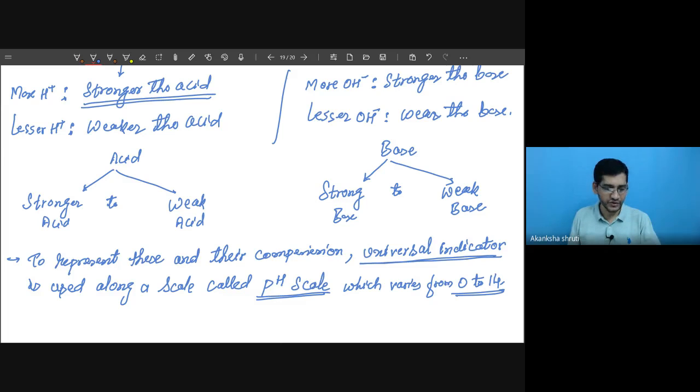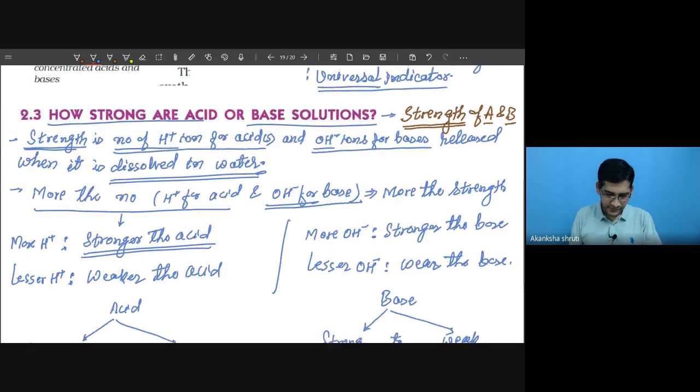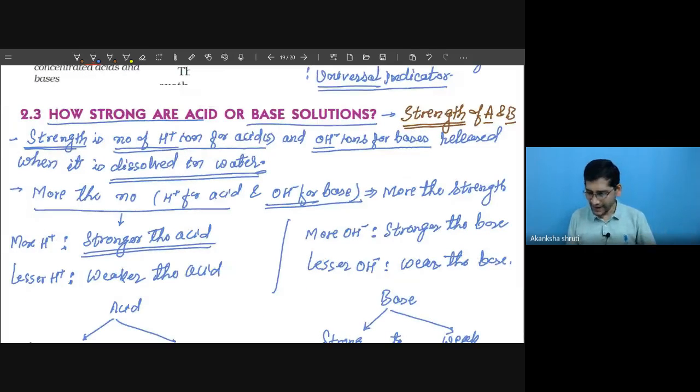This thing we are going to learn. So this way I have explained what we mean by strength. I have just written everything, how the concept of strength develops. So strength or concentration simply means the number of H plus ions or OH minus ions.